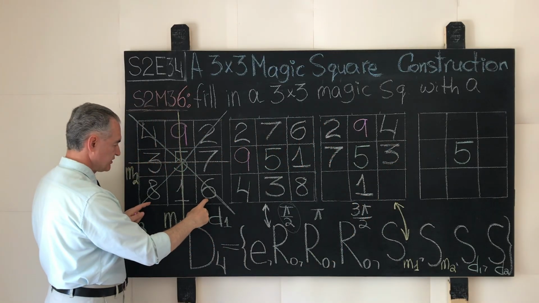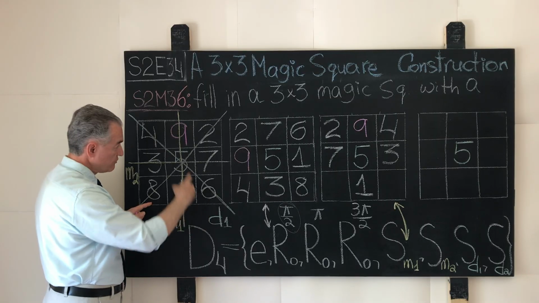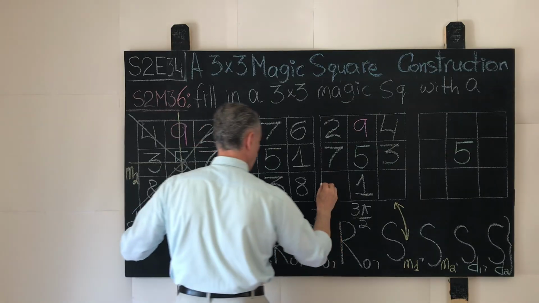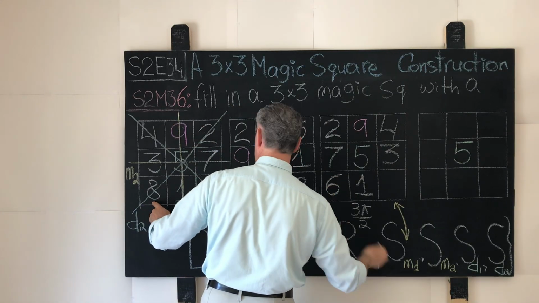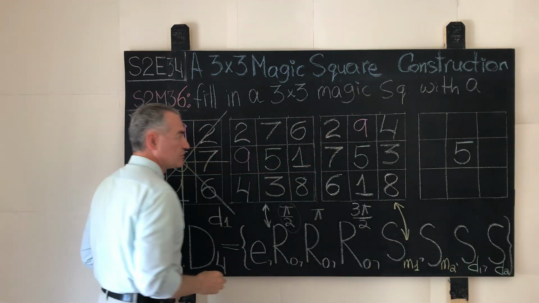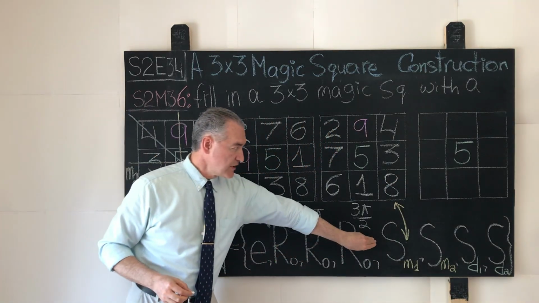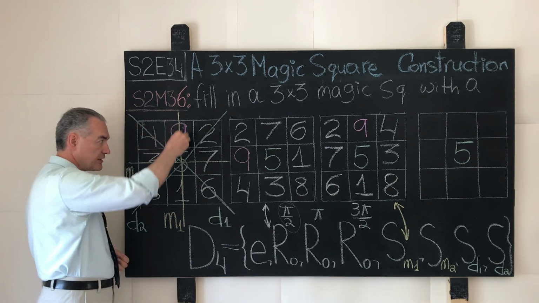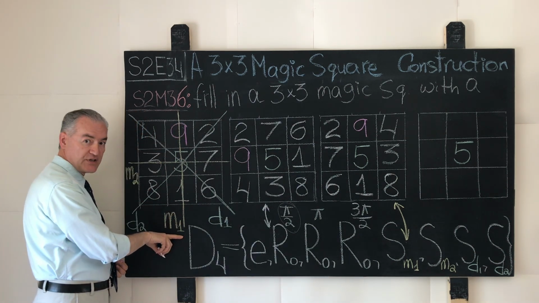Likewise, the numbers 6 and 8 will trade places with respect to the vertical axis of symmetry M1. So now 6 goes here and 8 goes here, and we're done with the reflection of the square with respect to the medial axis of symmetry, to which we refer as M1.